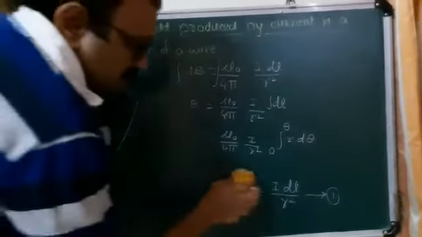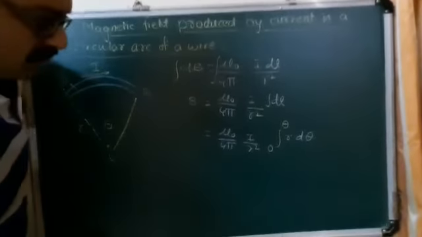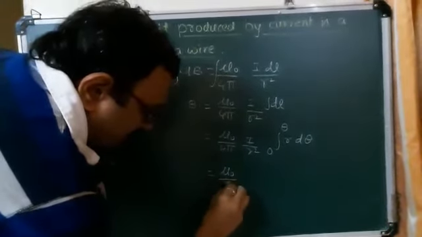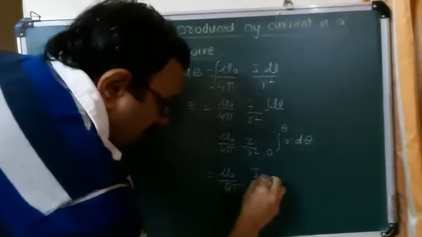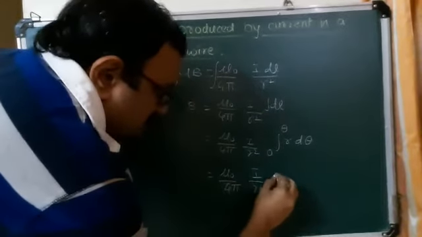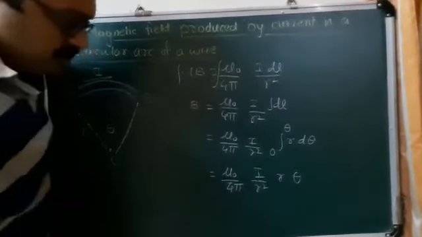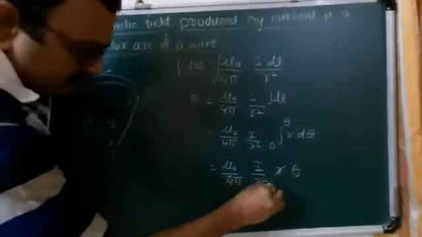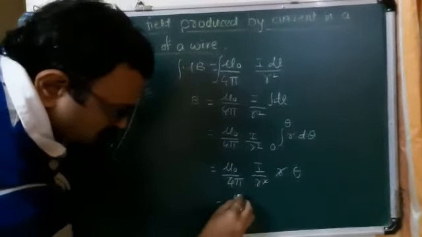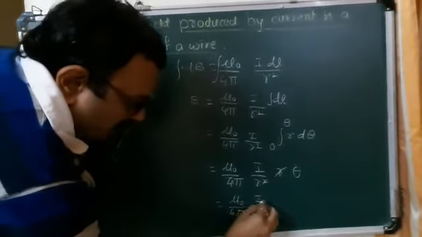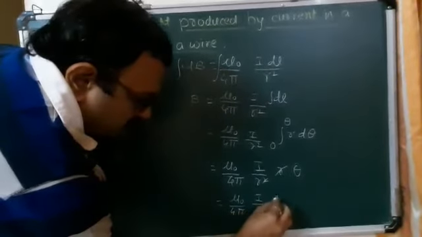Solving this in the next step, it is equal to mu 0 upon 4 pi I upon r square into r into theta. Then by rearranging this equation we get mu 0 upon 4 pi into I upon r into theta.